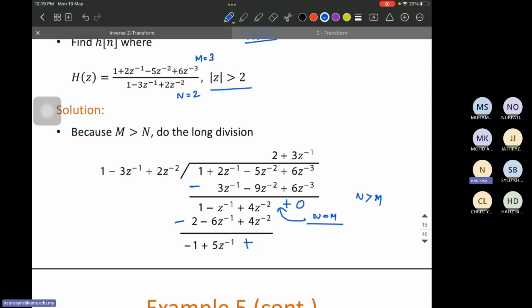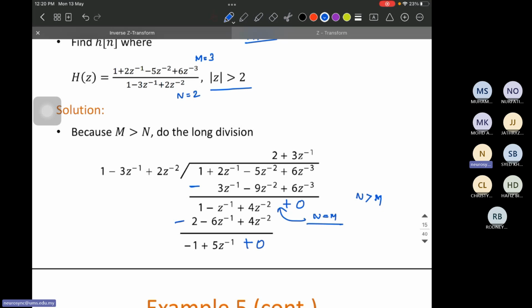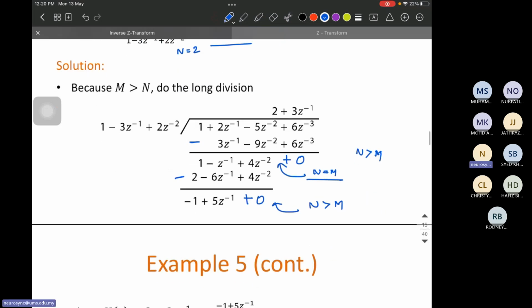So this is 0. This is minus minus plus, therefore plus 5 z to the power minus 1, and this is minus 1. So at this stage, we have the remainder where n is greater than m.